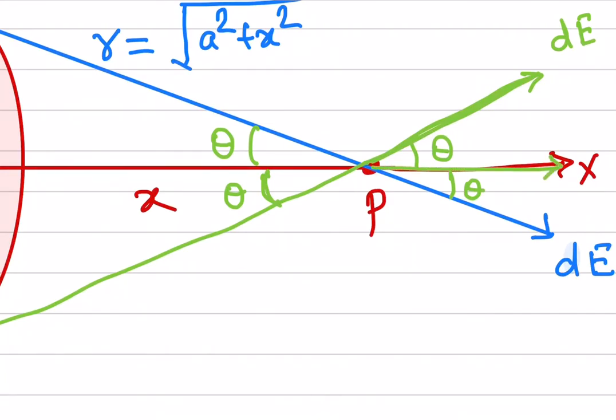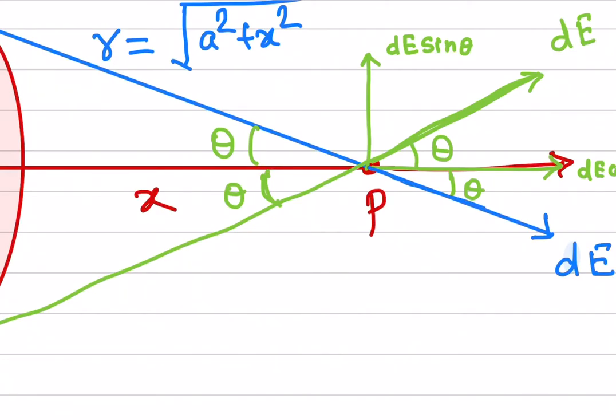The component of this electric field along the x-axis will be dE cosine theta, and along the y-axis it will be dE sine theta.